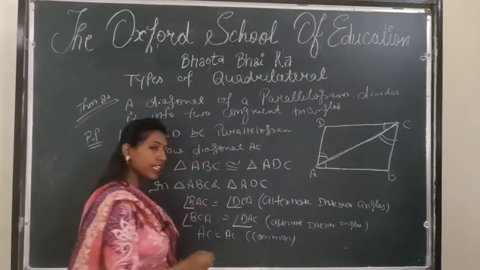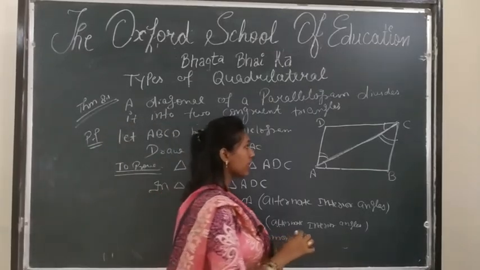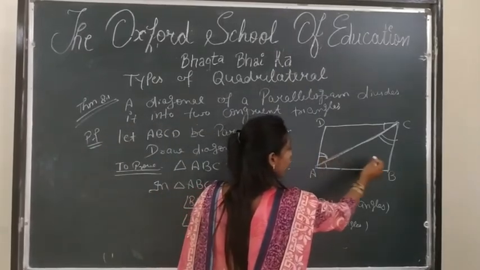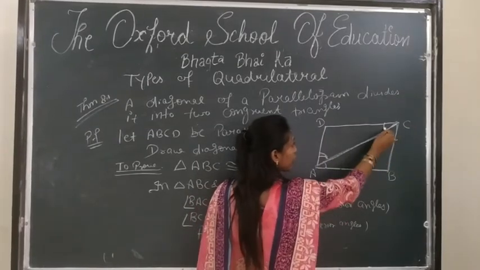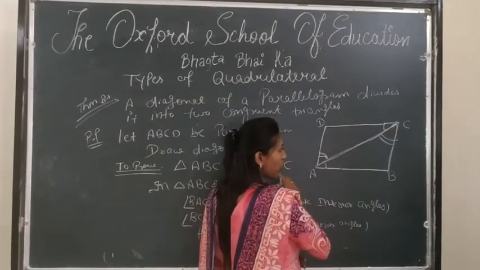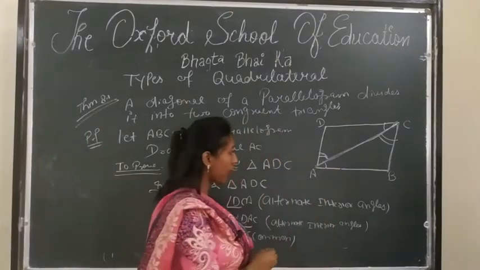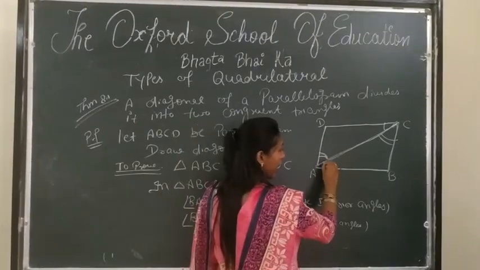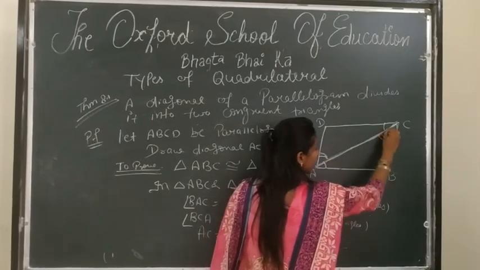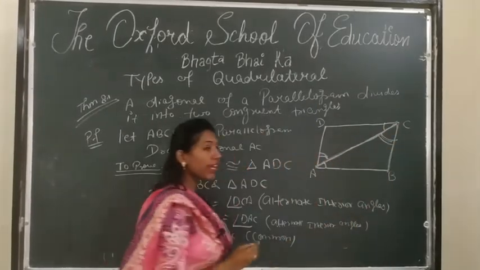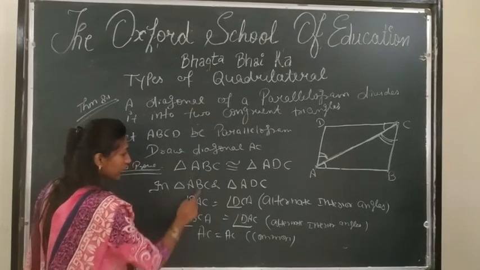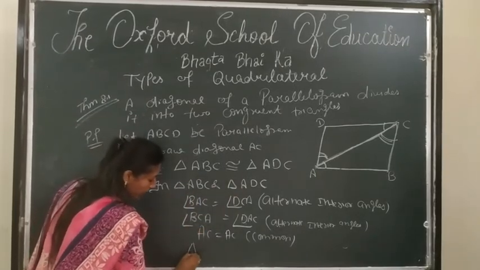So we find three things equal in two triangles. This angle equals this angle, this angle equals this angle, and this line is common. So by which rule are these two triangles congruent? Angle, side, angle. So by the ASA rule these two triangles are congruent.